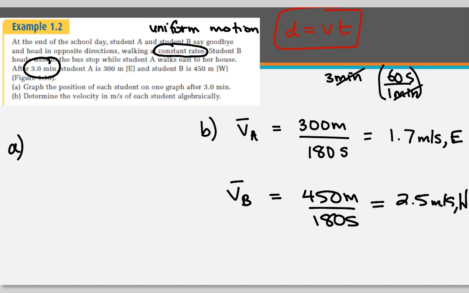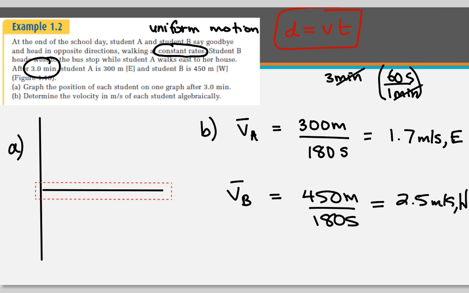Now for the graph, I would recommend that you use a straight edge tool. I got a bunch at the front. You can also use ID cards. Now notice what I'm doing here with my grid. I have obviously my horizontal axis, which is going to represent time.